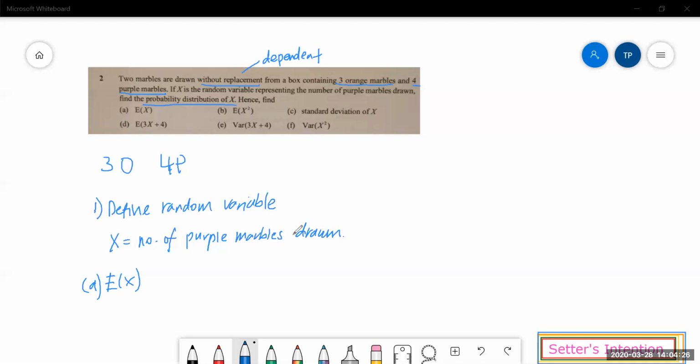When they mean probability distribution of X, they basically mean the PDF. They want you to show the table.